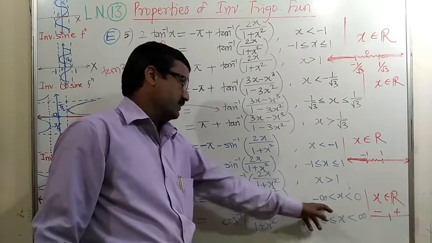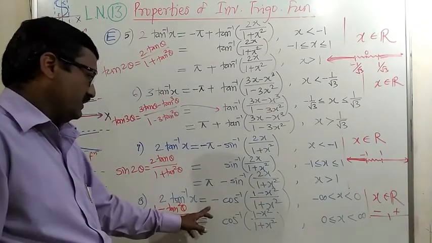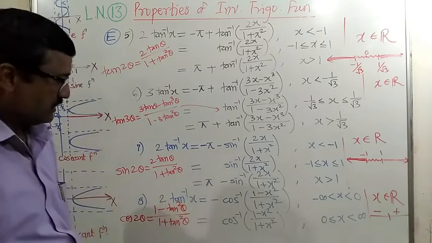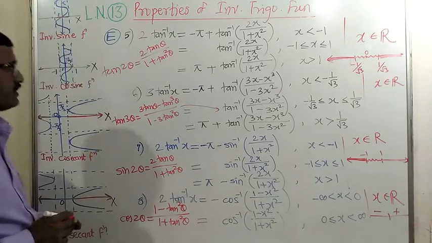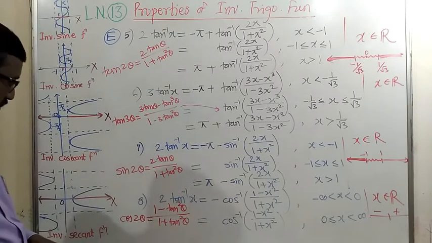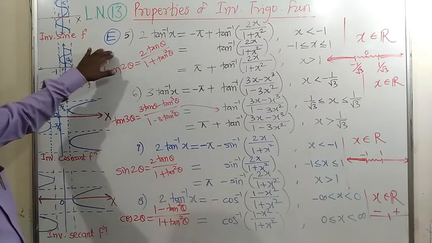And whenever x is negative only, then we take the negative of this, that is minus cos inverse of 1 minus x square upon 1 plus x square. Okay. I think these are 7 formulas in this last 5th group.